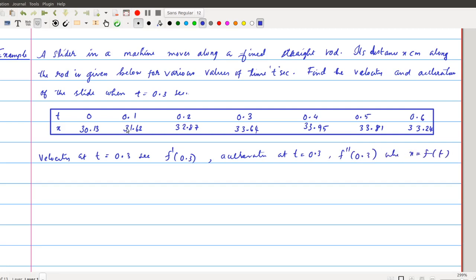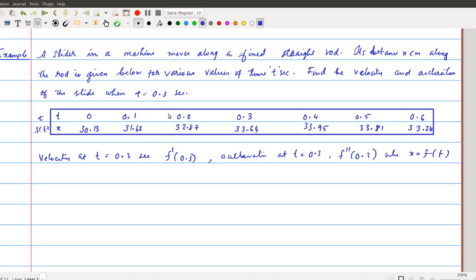If you set this, these are the functional values. This is our f of t and this is our t. Then using only these values, we can find the approximate value for this f dash of 0.3, or the velocity at t equal to 0.3.